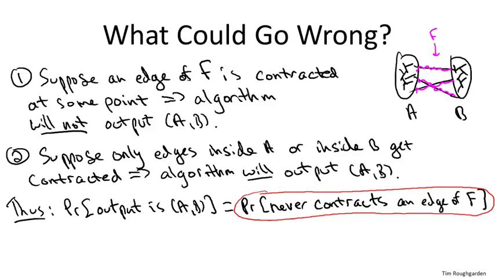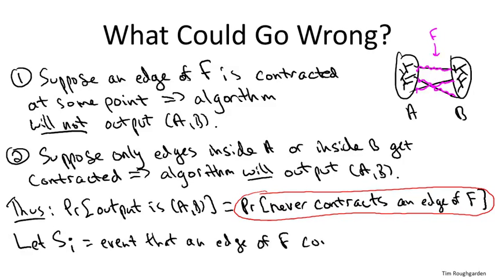With this notation, we can succinctly say what our goal is. To compute the probability of success, we want to compute the probability that none of the events S_1, S_2, up to S_{n-2} ever occur. I'm going to use this not symbol to say that S_1 does not happen.